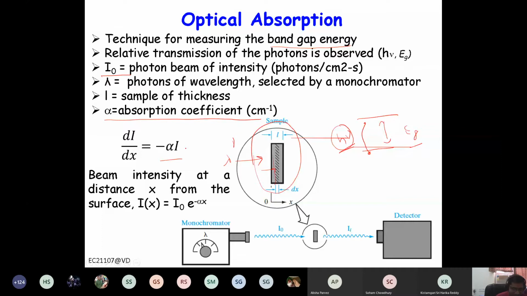So the intensity is decreasing. Let's say you have this piece of semiconductor. You move a distance, let's say this is I, and at distance x, it will be I minus delta I, right? So delta I is basically minus alpha times I times delta x, right?